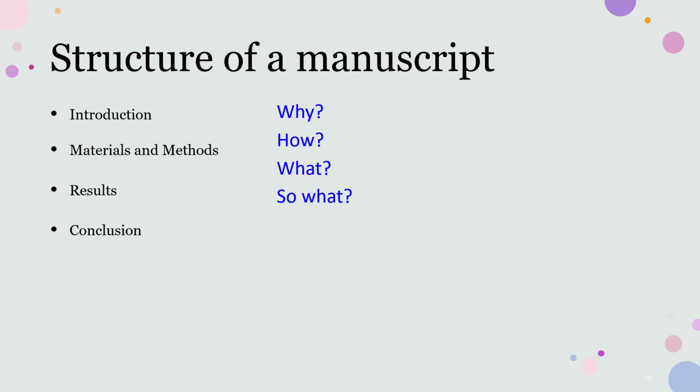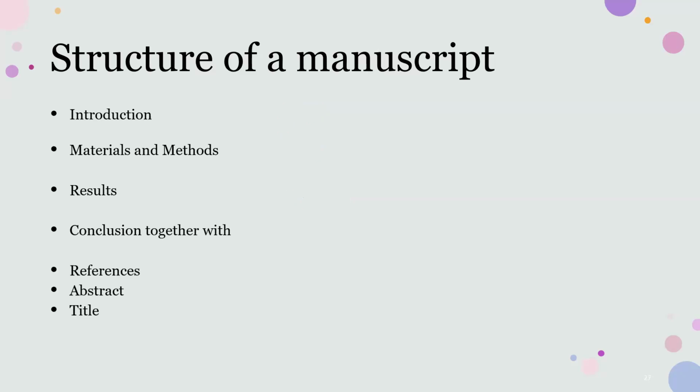The results section tells the reader what came out of this work, what was seen, and the conclusion tells, so what? What are the conclusions coming out of this work? Together with the references, giving more credibility to our work, showing what work we based this work on, and an abstract and the title.